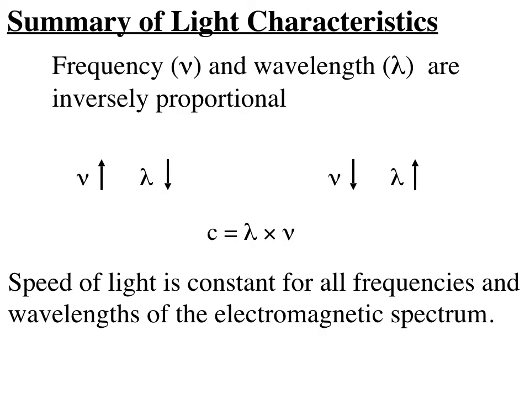For all forms of electromagnetic radiation, the frequency and wavelength are inherently related to one another. They must have the relationship that they are inversely proportional. Now, what does it mean to be inversely proportional? Well, quite simply, as it shows there, when one goes up, the other goes down. So if you increase the wavelength, the wave will have a lower frequency.